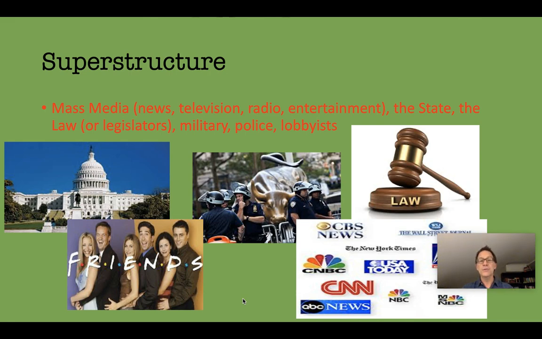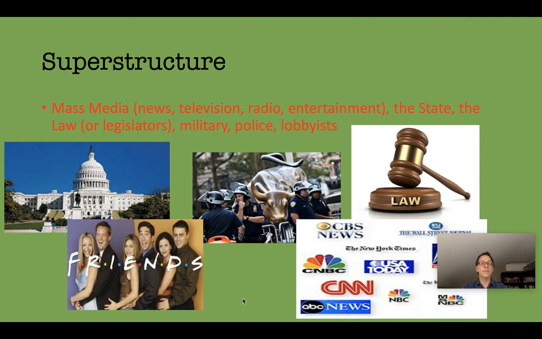Today we refer to the news, television, radio, and also entertainment by degrees. The state is a very, very important aspect of the superstructure. The law, legislators are an important element of the superstructure. For instance, Congress here in the United States, which consists of the Senate and the House of Representatives, who all propose laws, debate laws, institute laws.